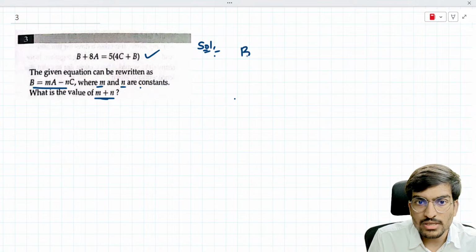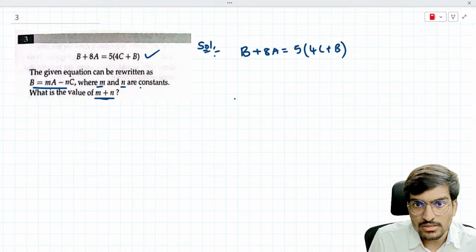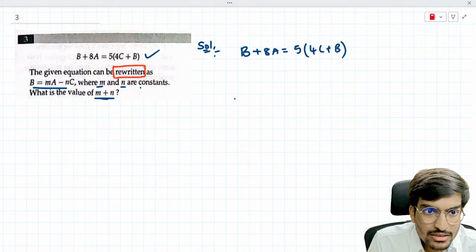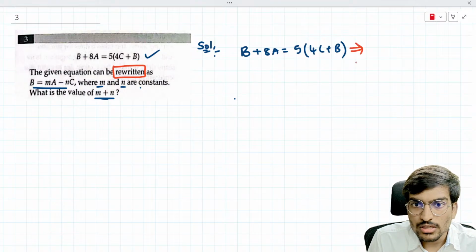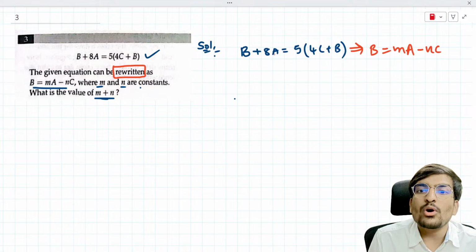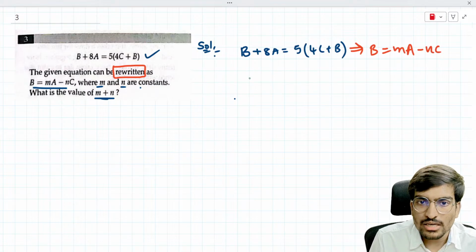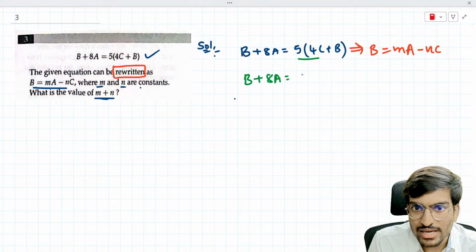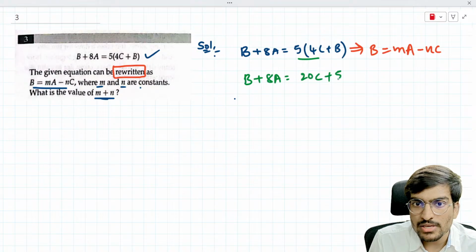So be careful. The given equation is b plus 8a equals 5 times 4c plus b. The given equation is rewritten. If you solve that, it will be in the form ma minus nc. Then what is the value of m plus n? Let's try to solve this. b plus 8a equals 5 times 4, which is 20c, plus 5b.